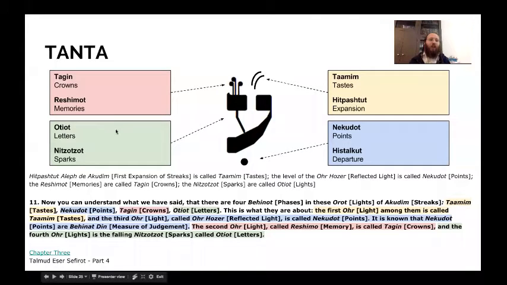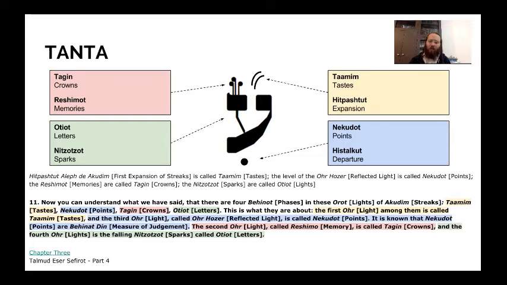And then finally, we've got Otiyot, which are letters. These represent in Kabbalah nitzotzot, which are sparks. When we go into the structure in later sessions, the reflected light going up as the screen is being purified enters the vessels below that purification point, below the screen, below the Tabur, and then it conflicts with the memories that are in the vessel.